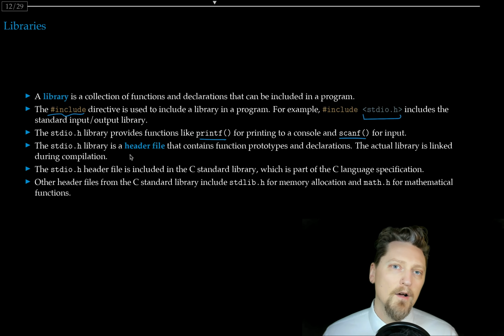The stdio.h header file is included in the C standard library, which is part of the C language specification. Other header files from the C standard library include stdlib.h for memory allocation and math.h for mathematical functions. We use these a lot.